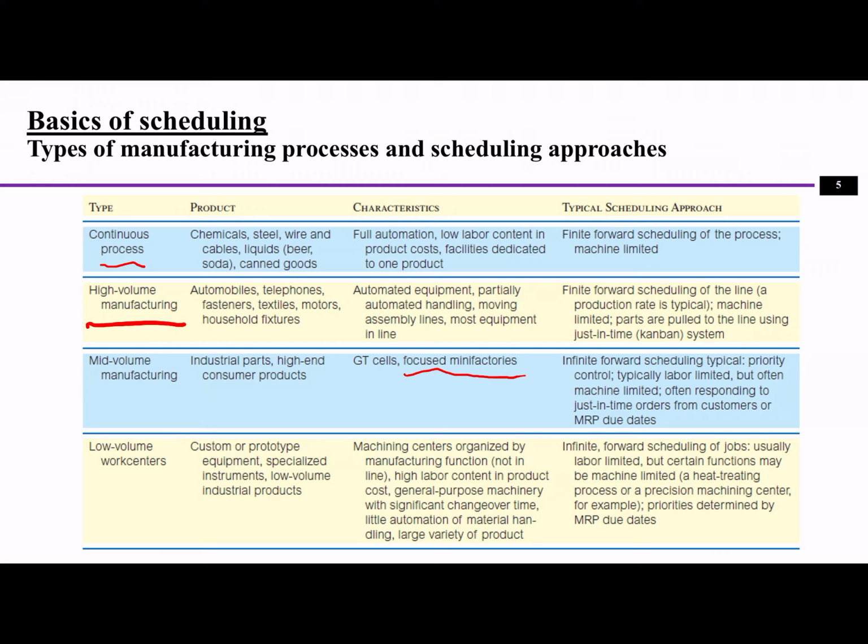It's infinite because whenever we have a job, we can always modify our production lines, or just put it on the line and let it start to process, because our work centers have full flexibility to make different models of the products.